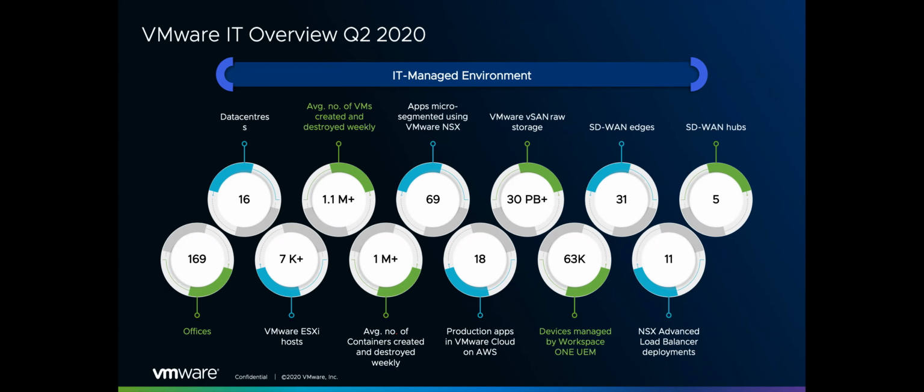Another interesting one for us was the average number of VMs created and destroyed on a weekly basis. This is something we need to account for because we have a very fluid environment internally. So as VMs are being created and destroyed, how are we protecting those assets? How are we ensuring that we have the appropriate level of controls and visibility throughout the organization, giving us a good security posture? And then another thing was devices managed by Workspace ONE UEM.